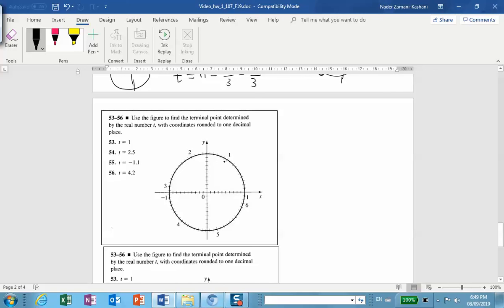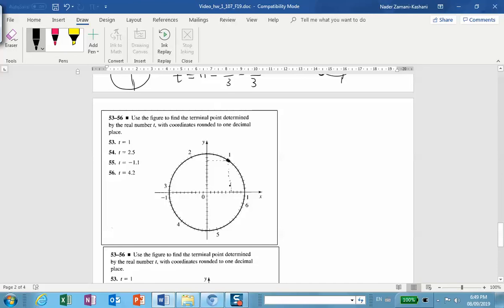This is distance 1, this is distance 2, this is distance 3, etc. The idea is that you eyeball and estimate x and y.